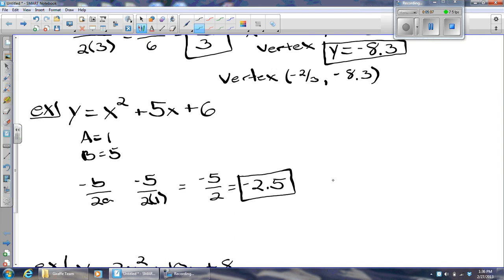To find the y, we plug that in. Y equals negative 2.5 squared plus 5 times negative 2.5 plus 6. Oops, my 6 got cut off.